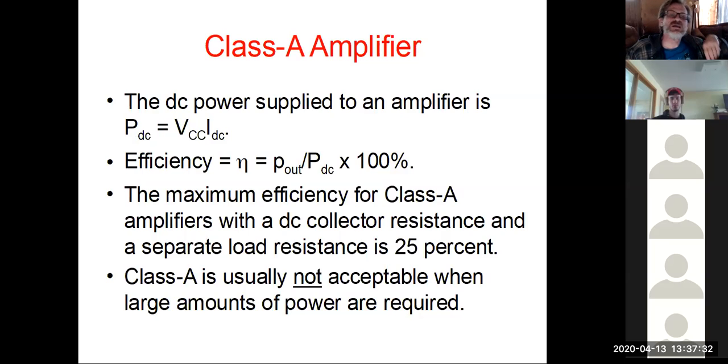So then we start looking at our first one, right? The Class A amplifier. Now, Class A's are kind of interesting. And remember, each one of these, as we get through them, is used for a little bit different type of application. Class A's can convert the DC power that you have into useful AC output.